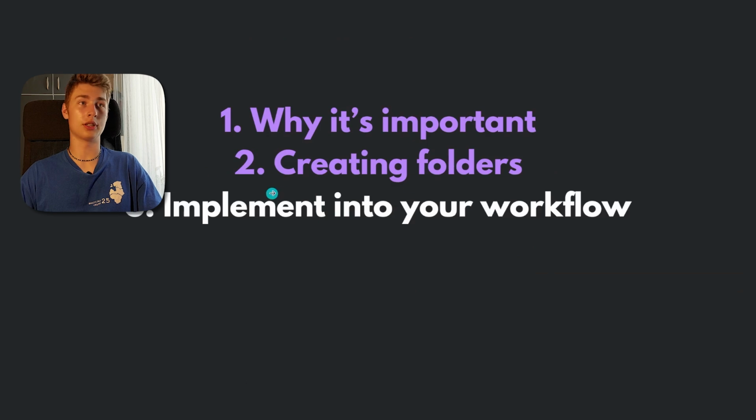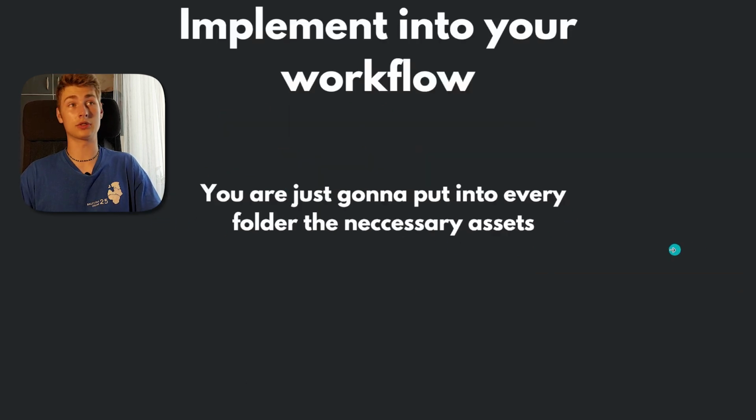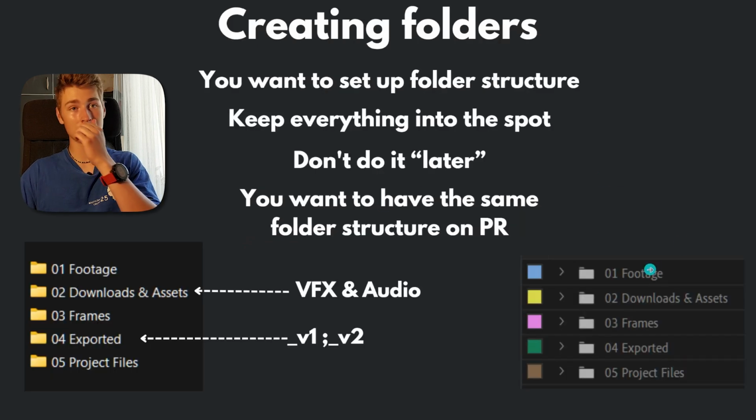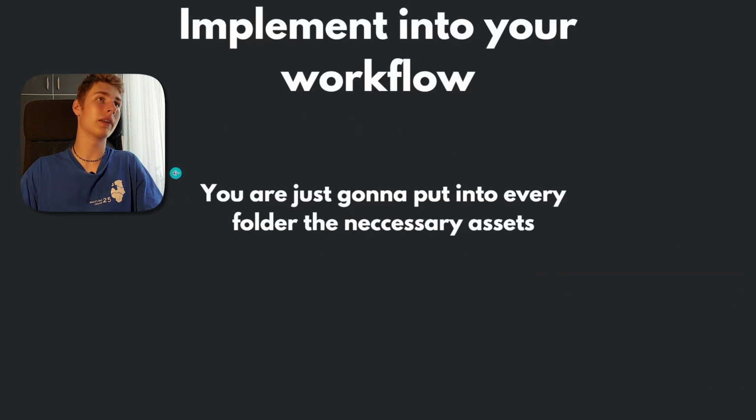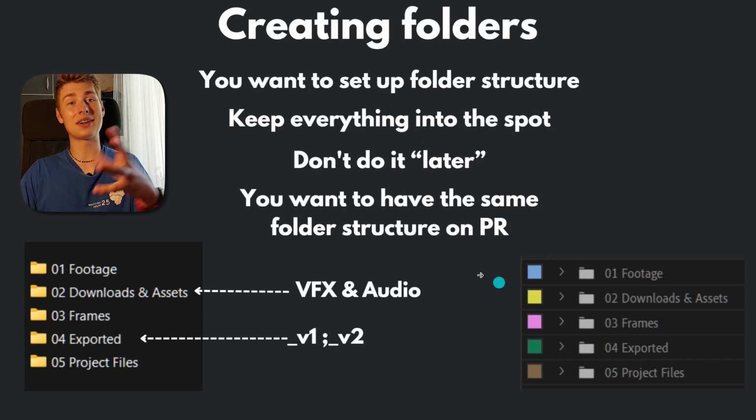So we just walked through the second point and how to implement it into your workflow. This is really a basic slide, because all you need to do is actually implement it. I already told you how to create this folder structure, which is the most important part of this video, but as for how to implement it, just do it. Do not do it later.